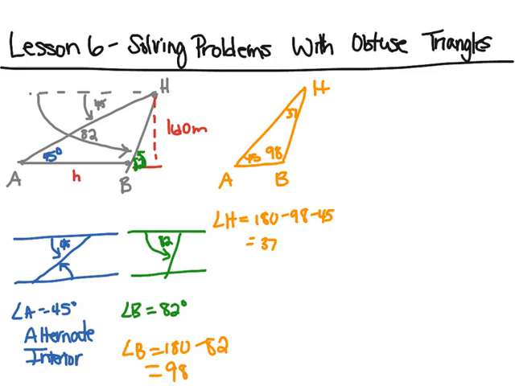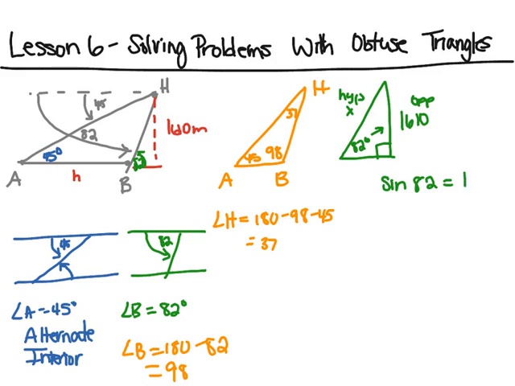So let's look at the other triangle we have. The other triangle is a right triangle, and its height is 1,610, and this angle is 82 degrees. So we want to find the hypotenuse. From the angle, this is our opposite side, this is our hypotenuse, so we are using O and H, so sine of 82 is equal to opposite over hypotenuse.